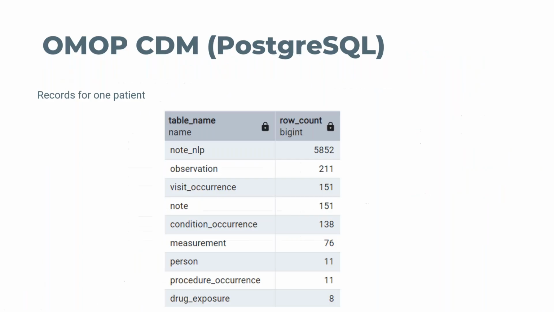If we process many documents from one specific patient, this is just an example of the amount of data that one person can create. In NLP notes, we see that we have almost 6,000 events that were extracted with NLP from all of these patient's documents.